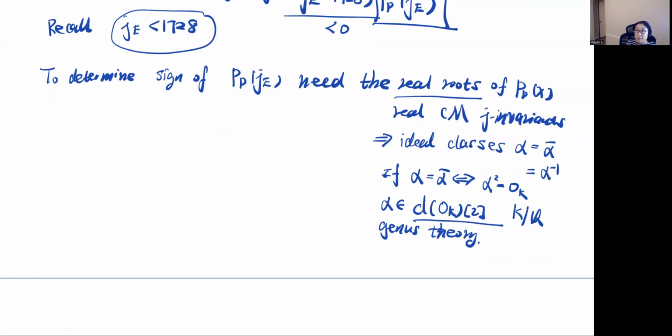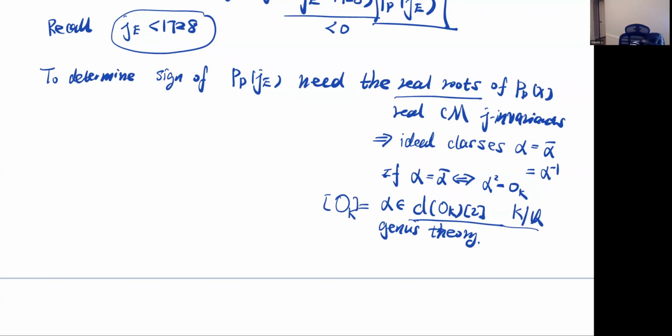We have an imaginary quadratic field extension whose discriminant is minus D, which is 1 mod 4, so it is ramified only at D. So the 2-torsion of the ideal class group is trivial. Then alpha has to be the ideal class represented by the maximal order OK itself.